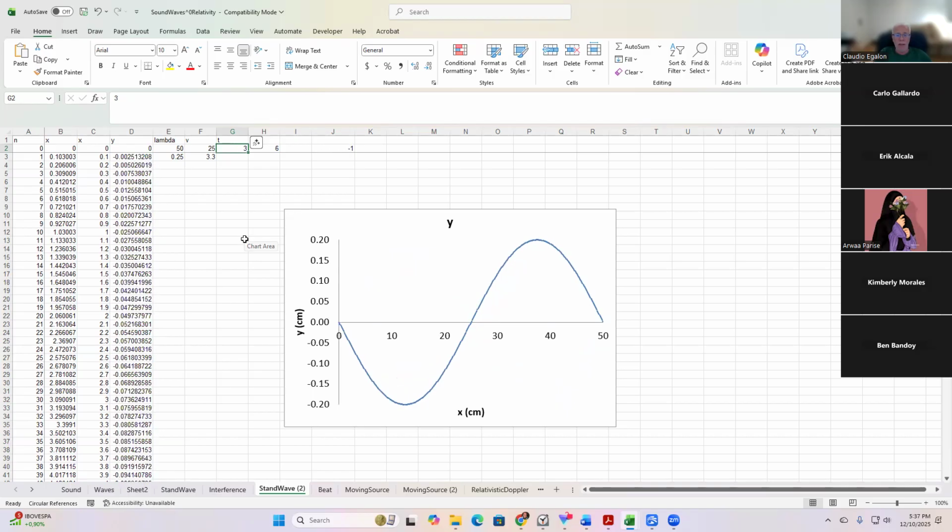The wave is moving. There is one wave propagating to the right and another wave propagating to the left. When those two waves combine, it gives you this false impression that the wave is not moving. That's what you have to keep in mind.